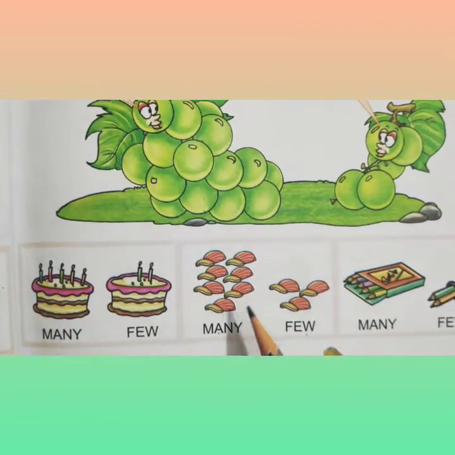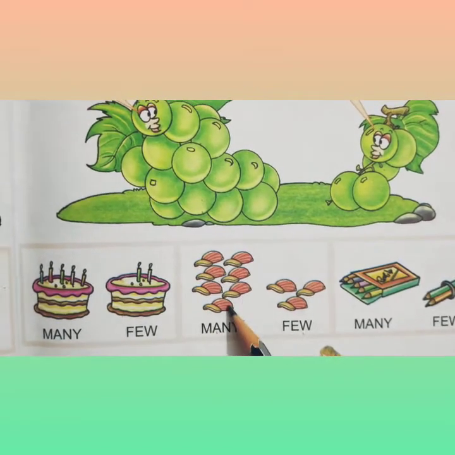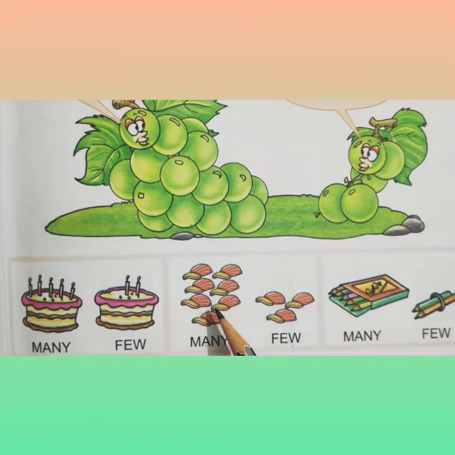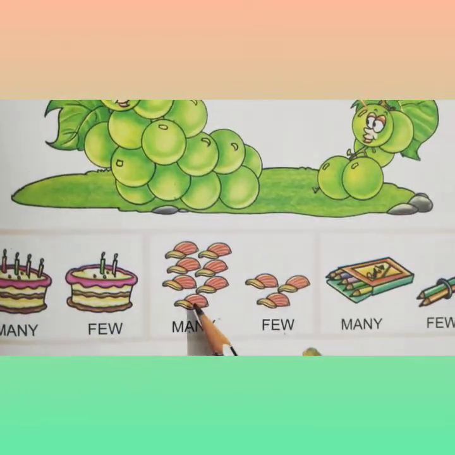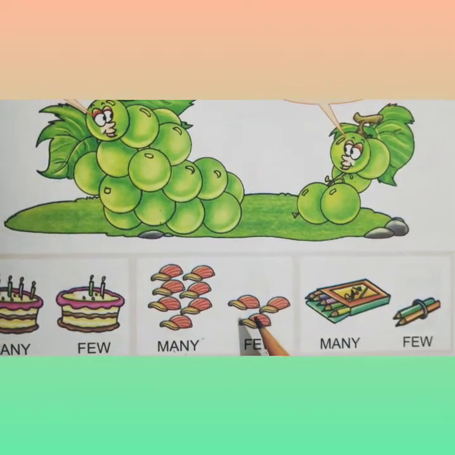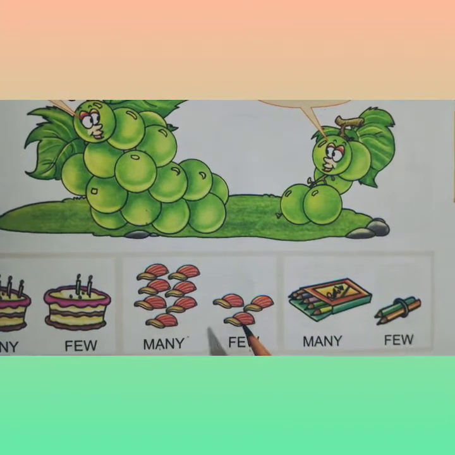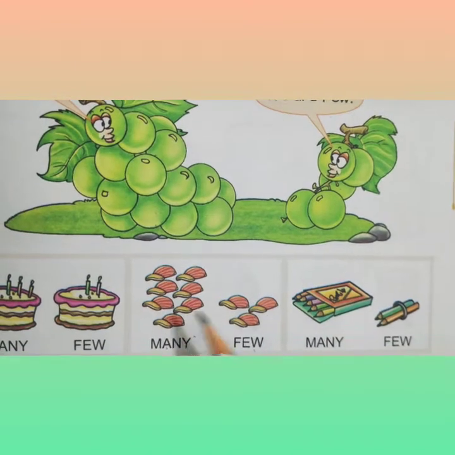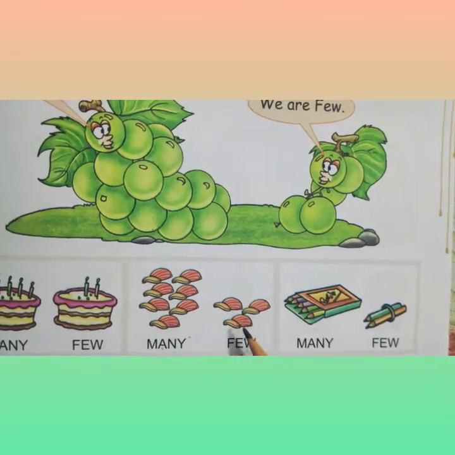Like that, in the second picture, there are two groups of caps. The first group has 1, 2, 3, 4, 5, 6 and 7 caps. And the second group has 1, 2 and 3 caps only. So we can say the first group has many caps and the second group has few caps.